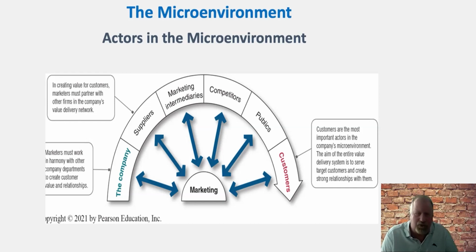In order to create value for customers, marketing partners with other firms that deliver value in their network. These other firms are upstream, and they are suppliers. Upstream means it feeds into you, and downstream means it goes toward the customer. So this is an upstream element, and this is a supplier.